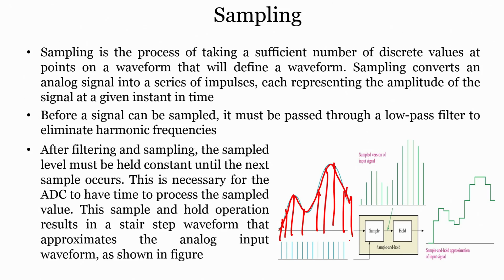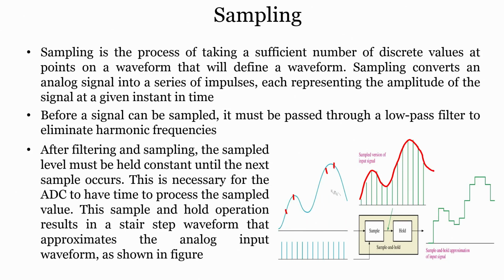Is it sufficient? Yes, it is sufficient, because if I draw lines and join all these points, then you see what happens. You have a similar signal, right. You see this one and this one, that is what is called sampling.